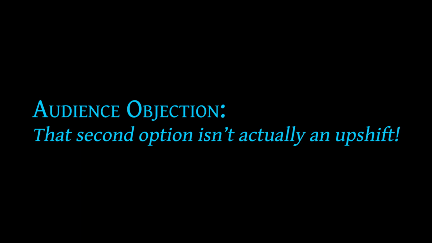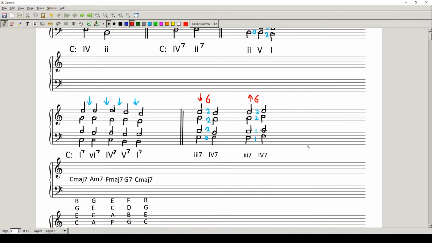Oh, you know what? You're absolutely right. Technically, E should stay the same. Technically, if we're strictly wanting to do the upshift rule, I guess this doesn't work for me. If we're following the rule from lecture 4, where you just sort of cycle everything according to where the first note goes, so if this first note here, the D, the 7th, becomes the 7th of the next chord, then the 3rd should become the 3rd, the 5th becomes the 5th, and then the root becomes the root.